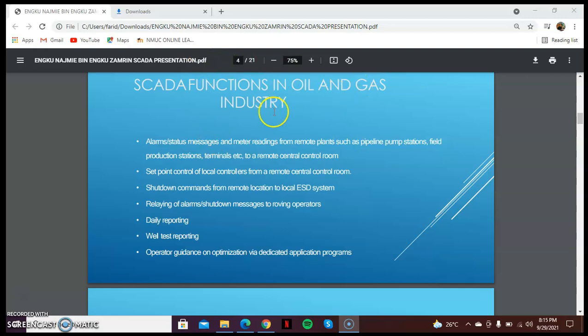The SCADA functions in the oil and gas industry are, first, alarm, status messages and meter reading from remote plant such as pipeline, pump station, production station, terminal, to the remote control room. Secondly, set point control of local controller from a remote control room.